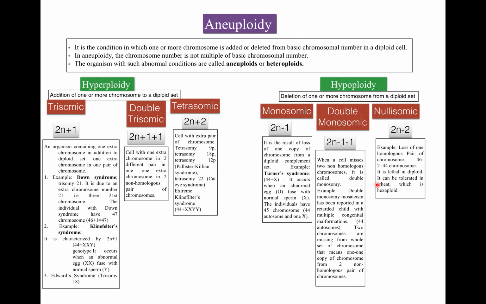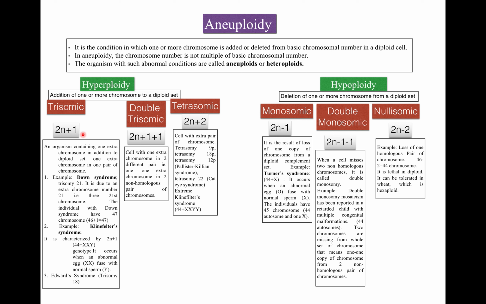So in this example, in monosomy, double monosomy, nullisomy, you can see there is a deletion of one or more chromosomes from a diploid set. And in hyperploidy, there is addition of one or more chromosomes to a diploid set. It can be trisomy, double trisomy and tetrasomy.